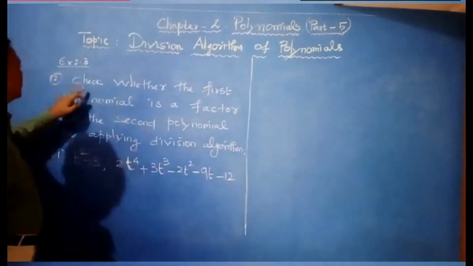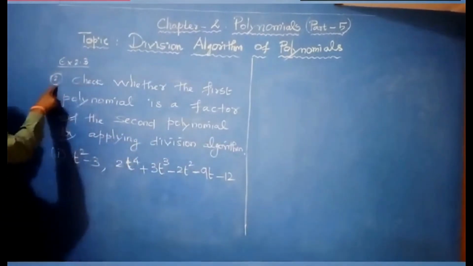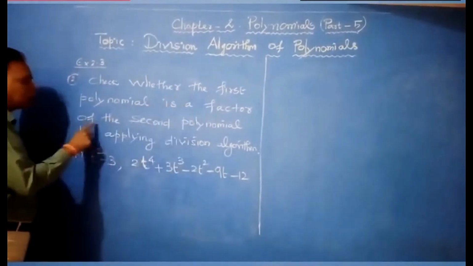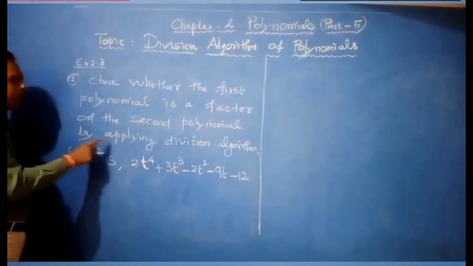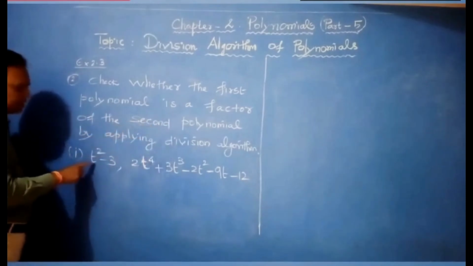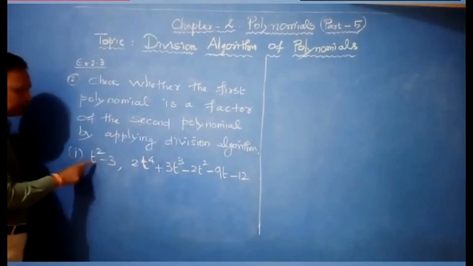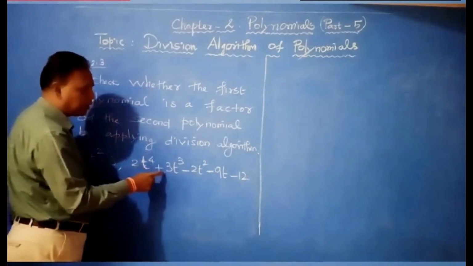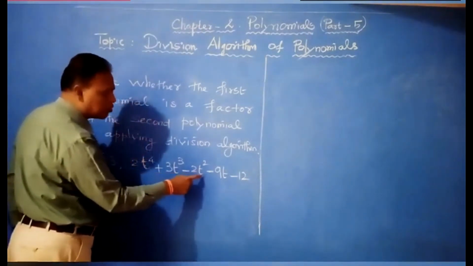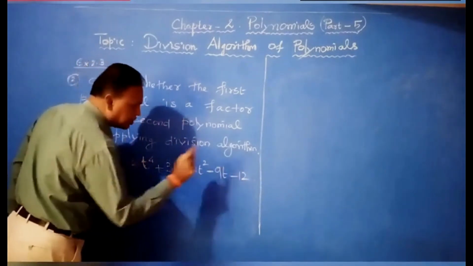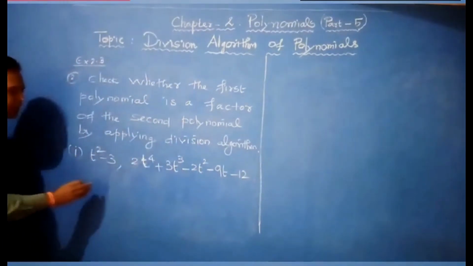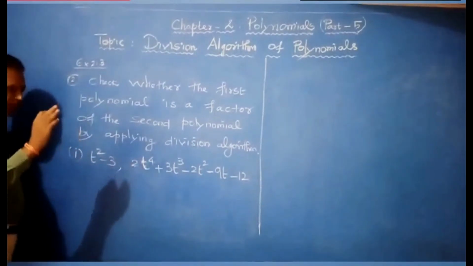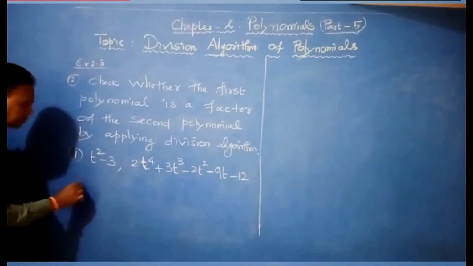So next problem, second problem: check whether the first polynomial is a factor of the second polynomial by applying the division algorithm. See here, first polynomial t squared minus 3, second 2t power 4 plus 3t cube minus 2t squared minus 19 minus 12 given. Always the highest degree polynomial, you take it as the dividend.